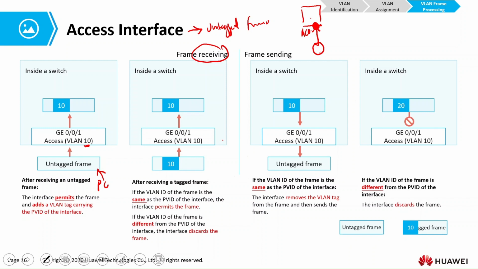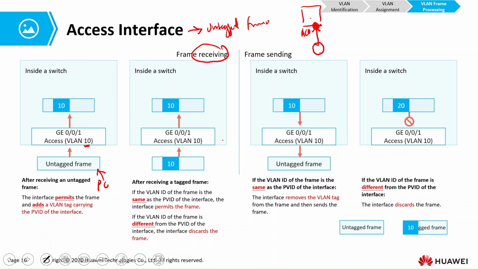So when you want to send to the PC, say I receive a frame from somebody else, send it to the switch, and it reaches here. Now I want to send it to a PC, which is an access interface.